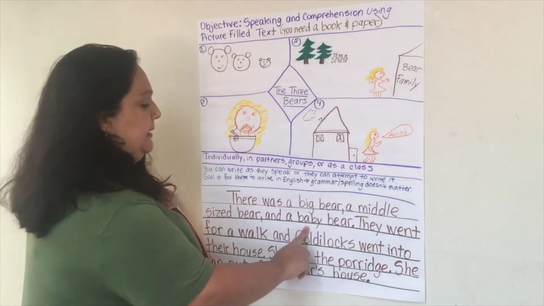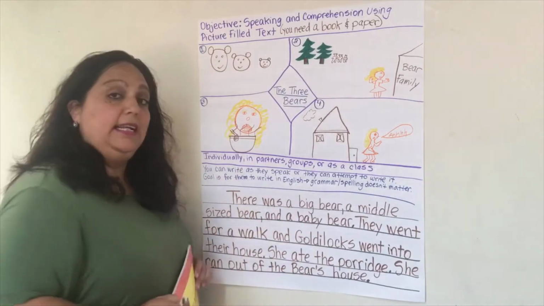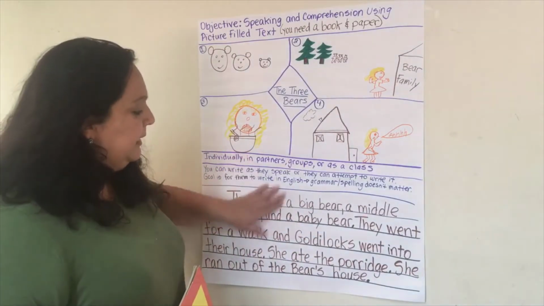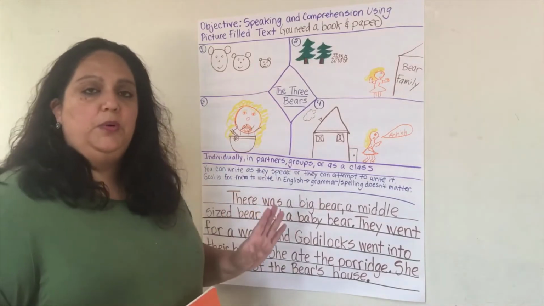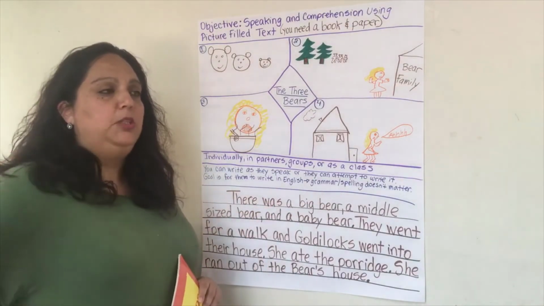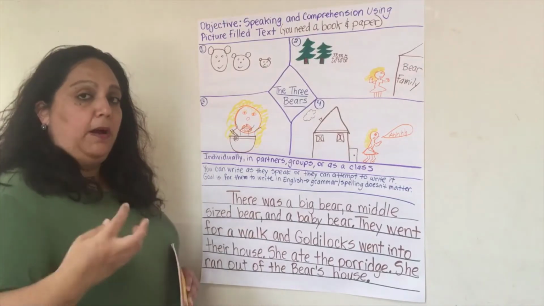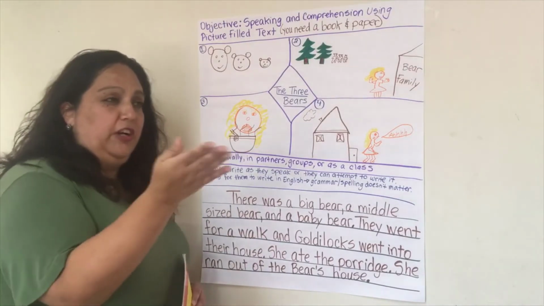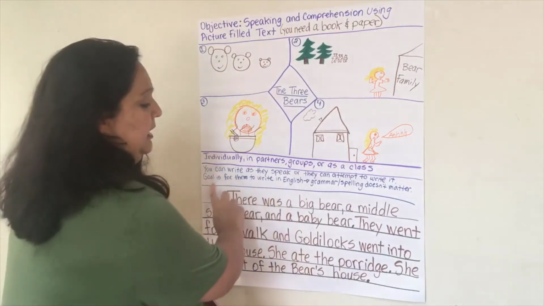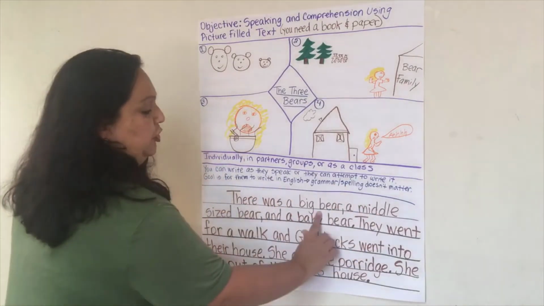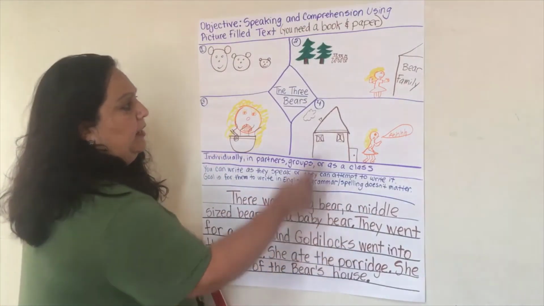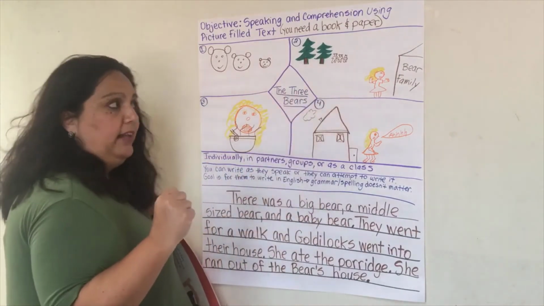And I'm going to write that down. I am not going to be correcting their grammar, and if they're writing this on their own, I'm not going to correct their spelling. I'm encouraging them to speak and form as much of a sentence as possible. And then I, as the teacher, I'm going to kind of gear it so there's a good structure for the sentence. And then here I put, so this is coming from the child.